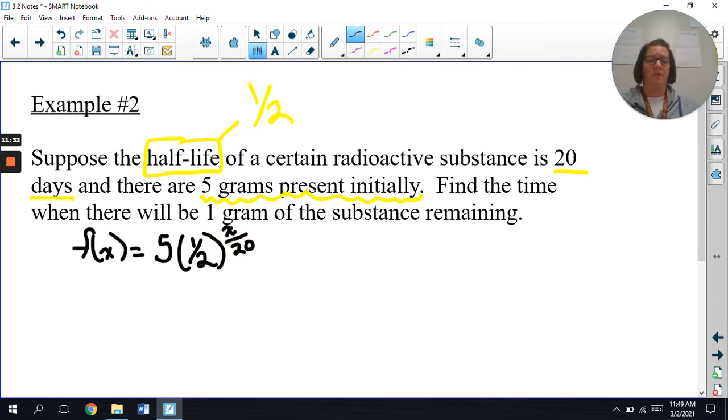That tells me that by dividing by 20, my x value is in days. If I didn't divide by 20, then the x value would be the number of half-lives. You don't have to divide by 20, but just know that x would then represent the number of half-lives. So we're going to put 1 there.